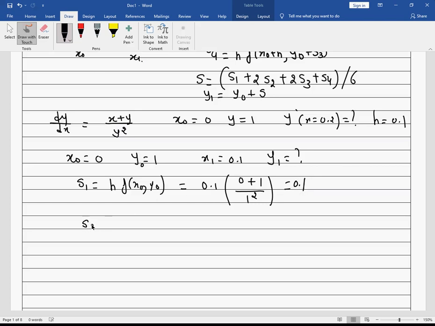Now you could calculate S2: h into f of x0 plus h by 2, y0 plus s1 by 2. Okay, so do let me know this value.